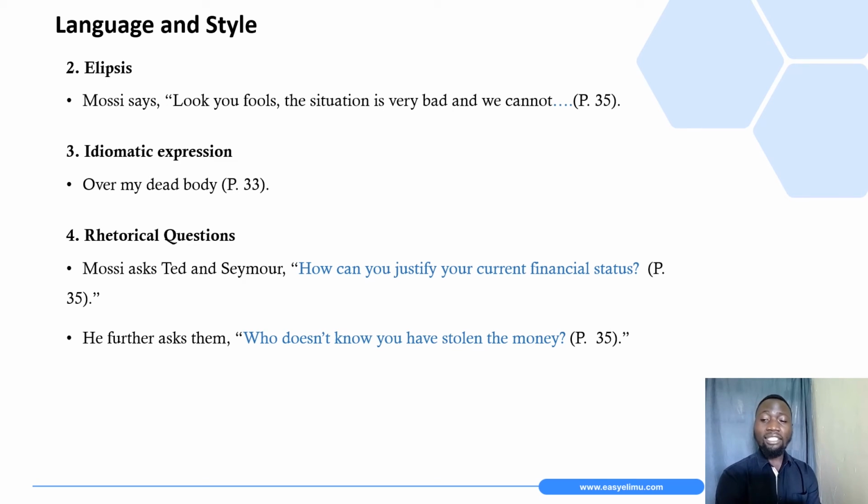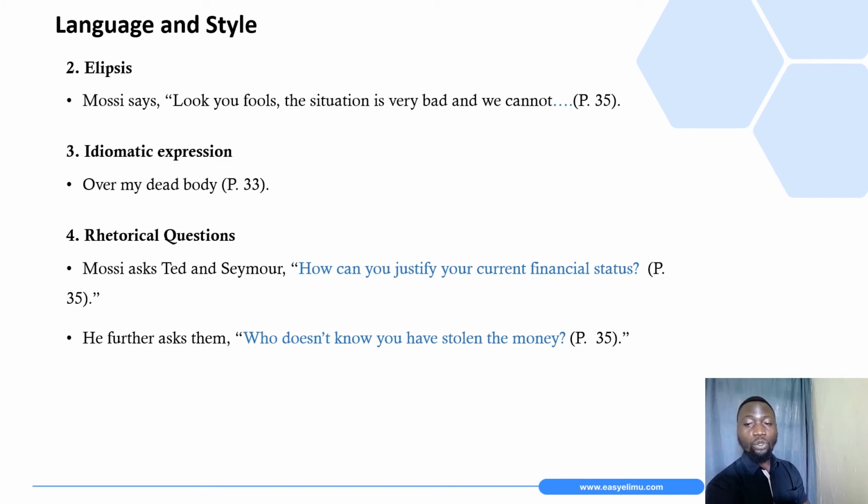That is when he accuses them of stealing from the municipality. Remember, this is again when he reminds them that before they were elected, they were poor, and they had nothing. So again, the father asks them, "Who doesn't know you have stolen the money?"